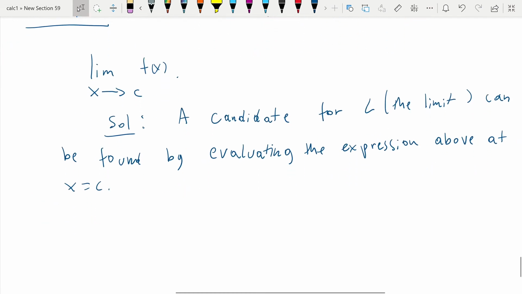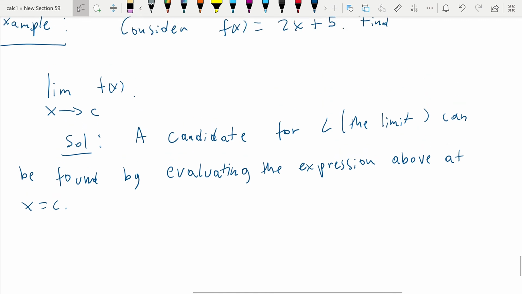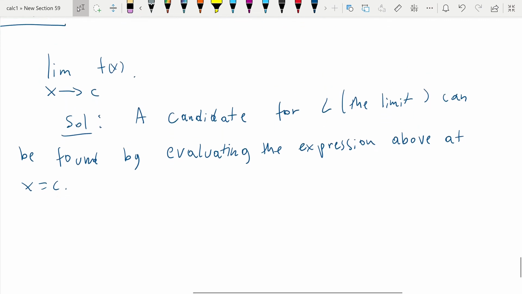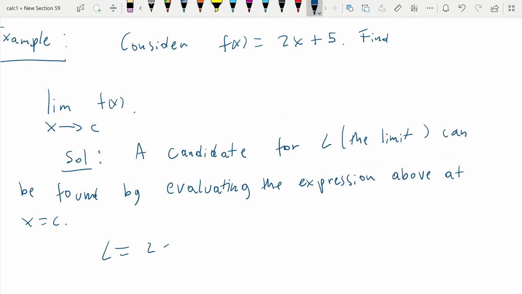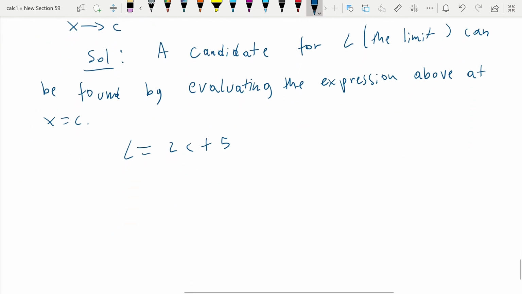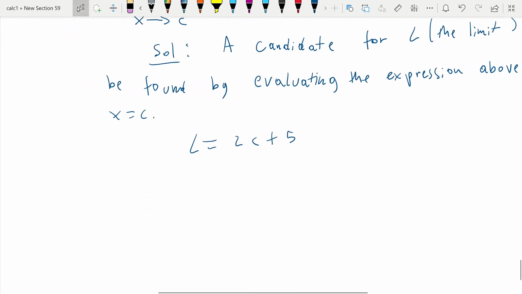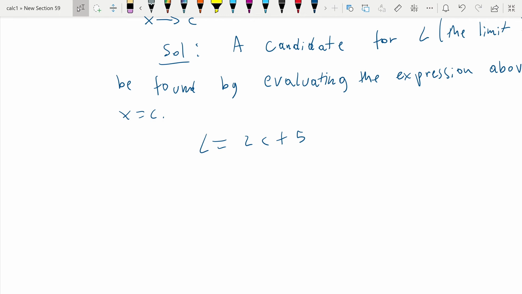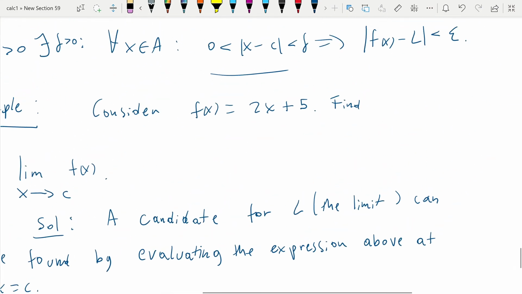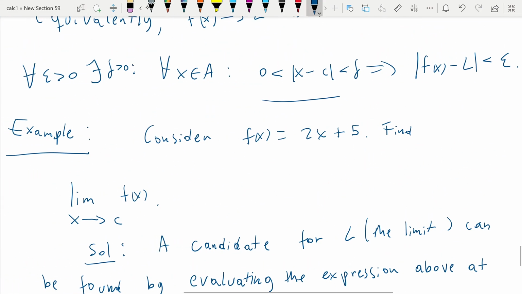Okay, so those are the only comments I wanted to make about this. Now, to continue, L should be equal to 2c plus 5. So we want to show that this is actually the limit. As I said, where does it come from? From plugging in c in this expression for f.